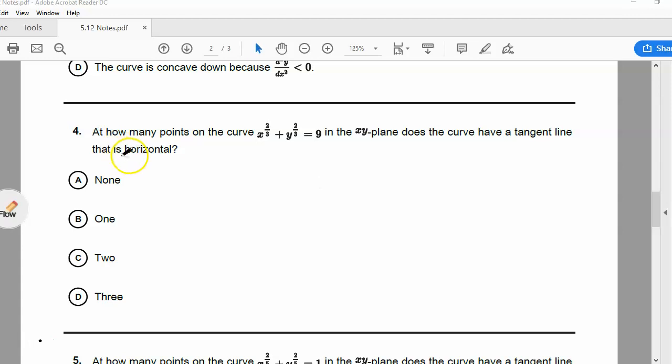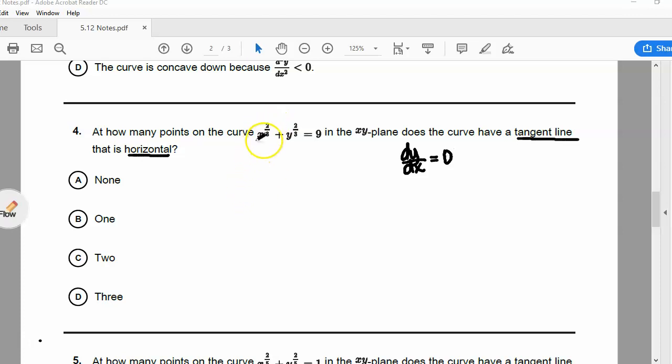So when you see horizontal tangent line, we're looking at the derivative. So dy/dx, and if it's horizontal, it's going to equal 0. Okay. So we need to find the first derivative here and see where it equals 0.